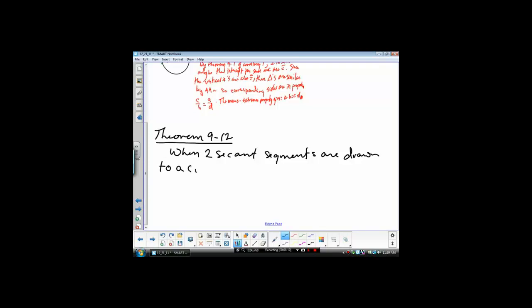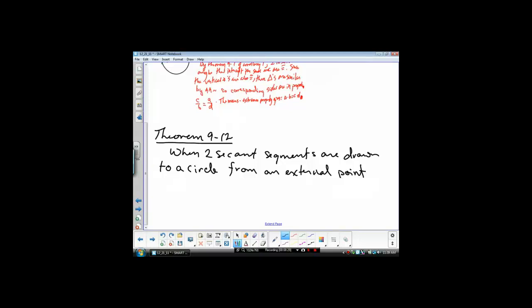I forgot what's a secant. It is a line that contains a chord. So it's what happens when you extend a chord beyond a circle.